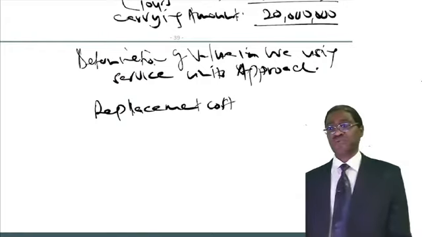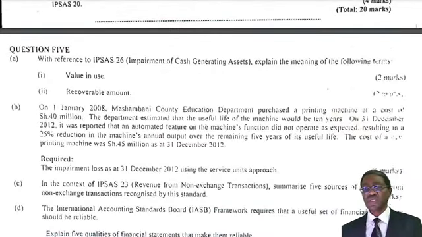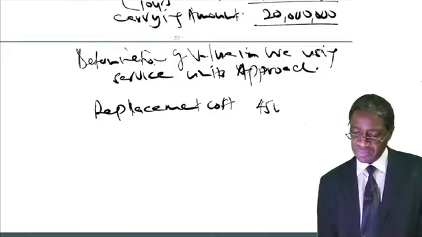What was the replacement cost of that machine? We were told, in the last sentence in part B, that the replacement cost was 45 million.